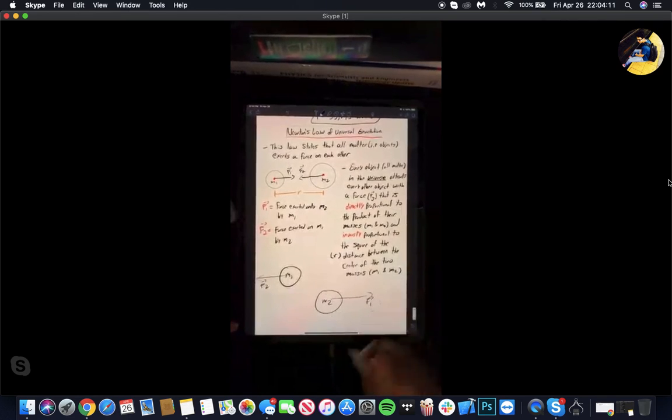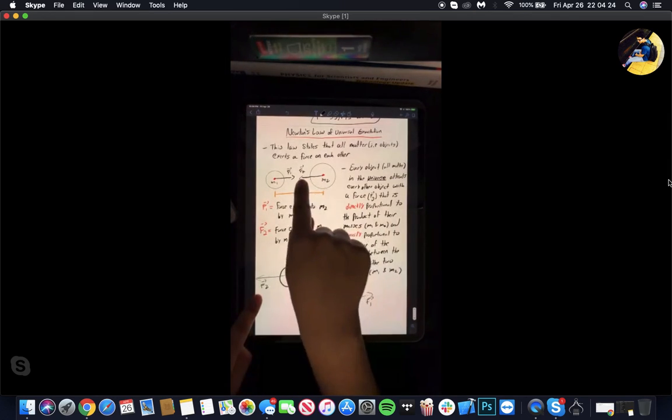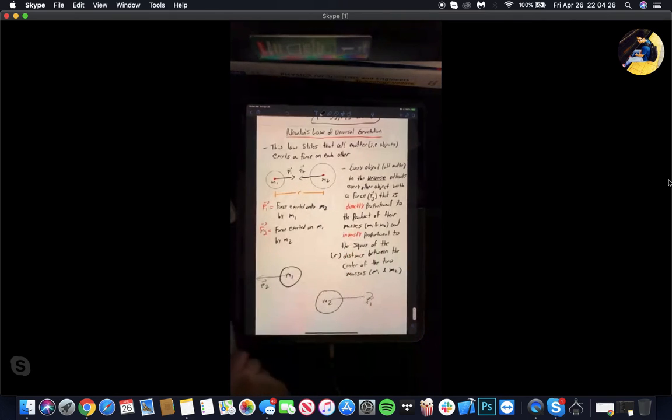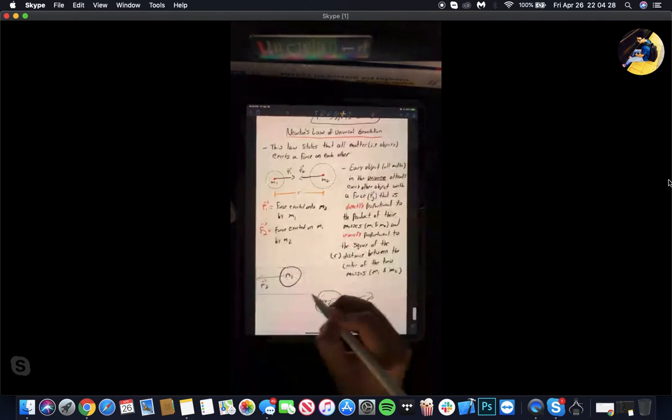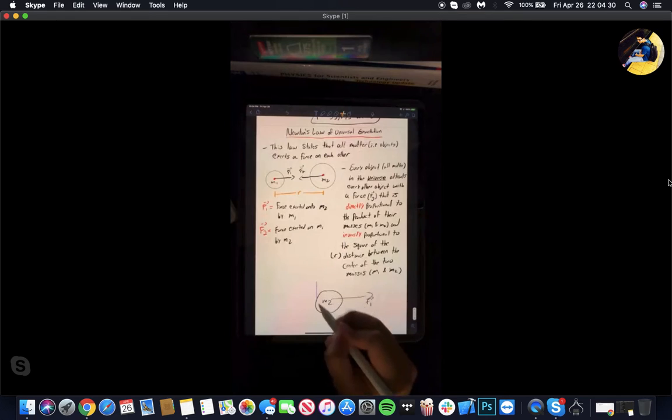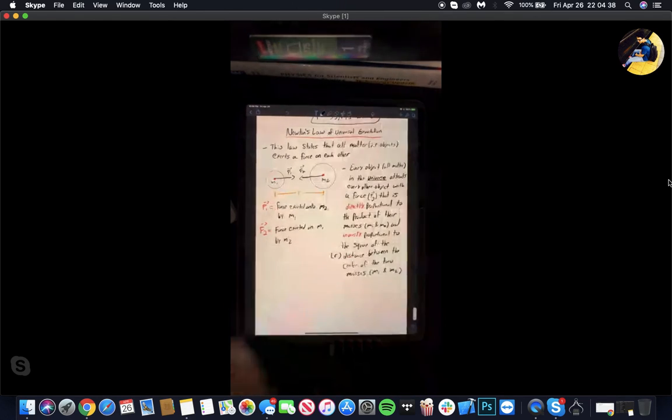Remember, the third law says that the forces never act on the same object. Here they're acting on two separate objects. It kind of balances them out. It just says that if they exert a force onto each other, they're exerting an equal but opposite force on the other side.